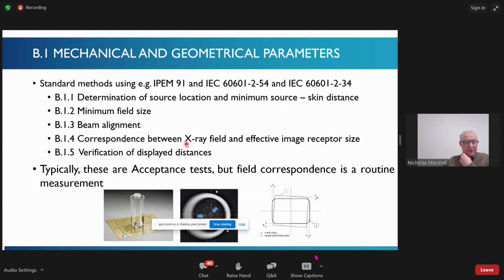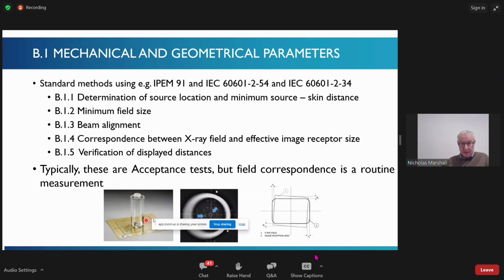The minimum field size, which should be 5 by 5 when expressed at 1 meter. Source image receptor distance. The beam alignment test, which is using this kind of tower with radio opaque markers, and then the correspondence between the X-ray field and the effective image receptor size.